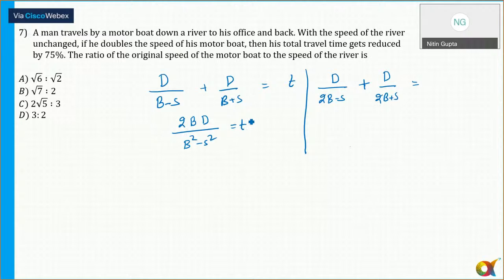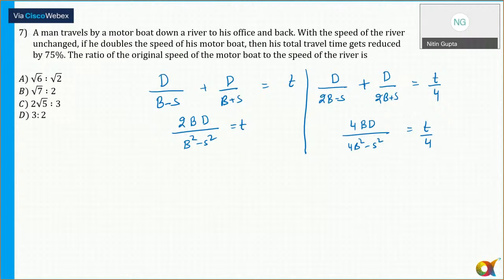So if I assumed initially it is T, so now it is equal to how much? Can you say that is equal to T by 4? Yes or no? Now, so here, what will I get? Again, I'll say 2B plus 2B, that is equal to 4B. So 4BD upon 4B square minus S square, and that is nothing but T by 4.